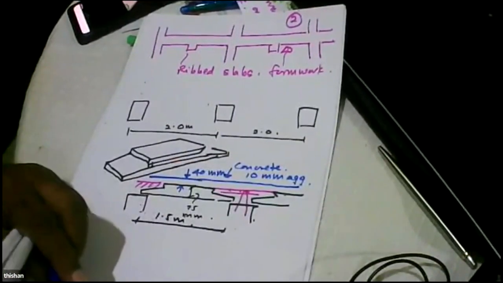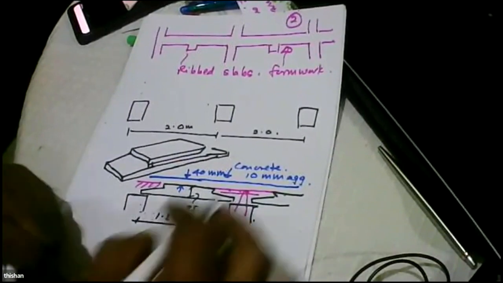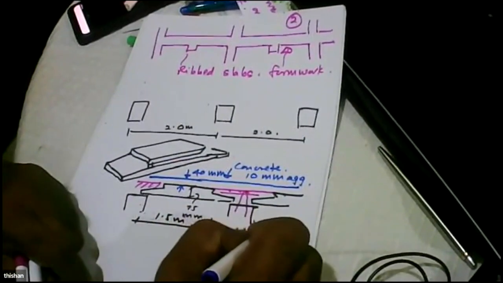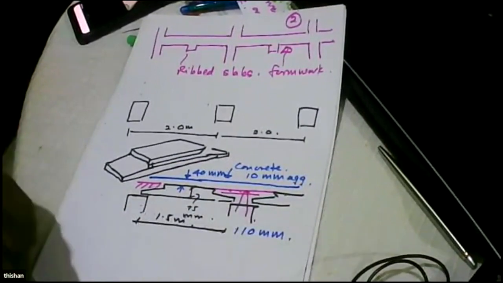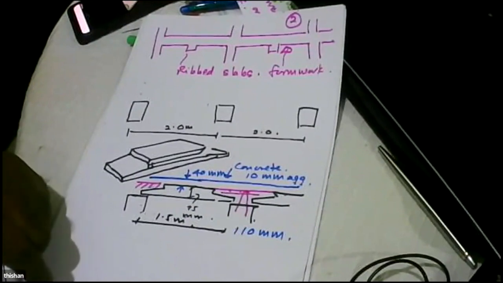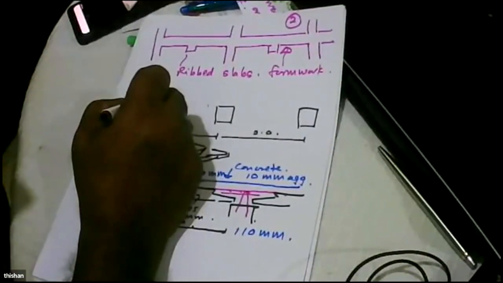We thought like that. Then it became about 110 millimeters thickness. So this saved a lot of steel. But when you look at concrete, the savings were not great. So later we thought, okay, why can't we do this then?